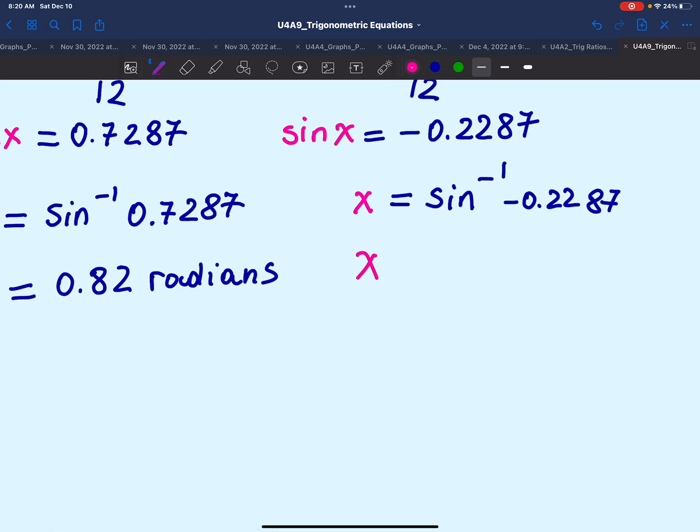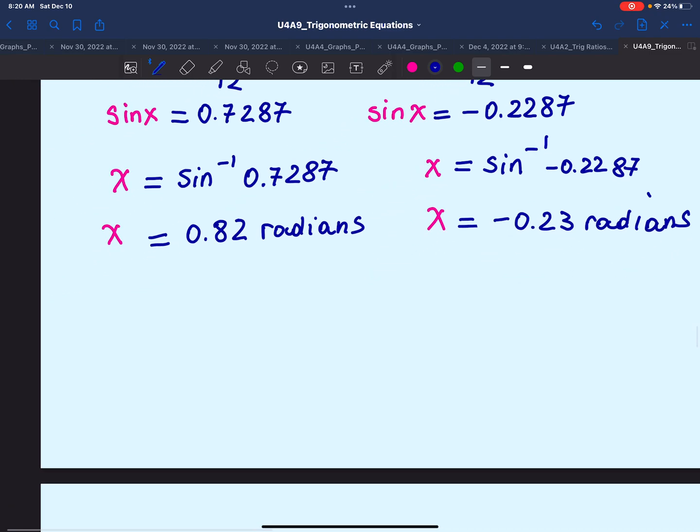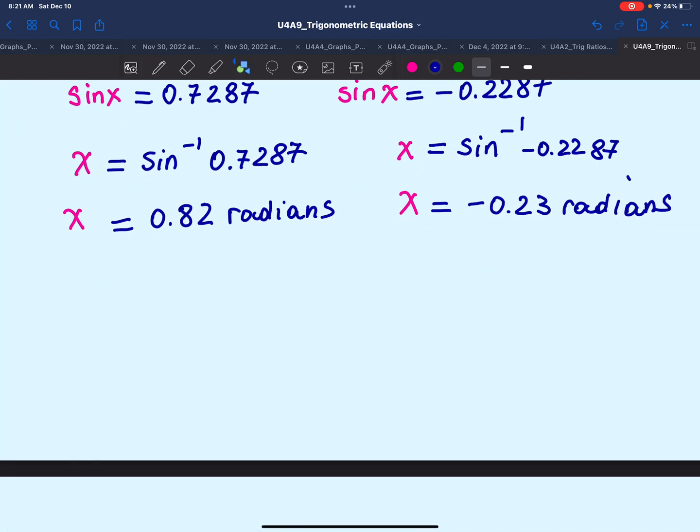So inverse sine negative 0.2287 will give negative 0.23 radians. So next we have to draw the angles on the Cartesian plane so that we can figure out the other angles within 0 and 2 pi that have the indicated sine ratios.